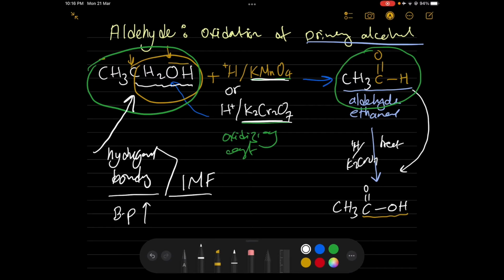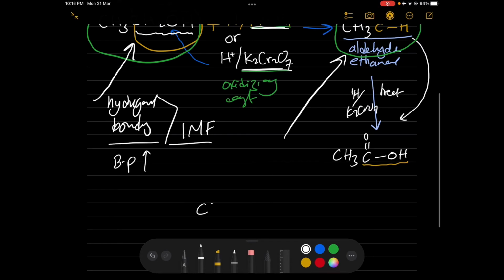But higher than what? If we go to the aldehyde and write it here, CH3, C double bond O and H, and I ask you what type of intermolecular forces you have here, is it permanent, is it temporary, is it hydrogen bonding?